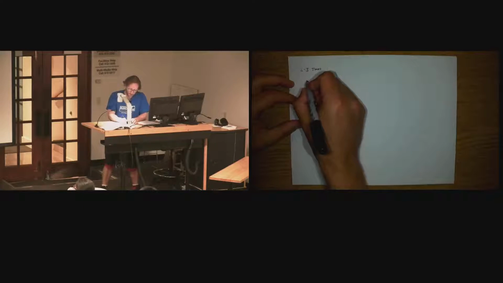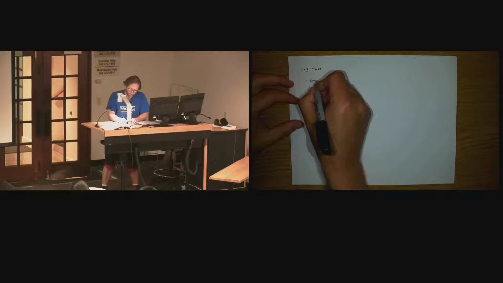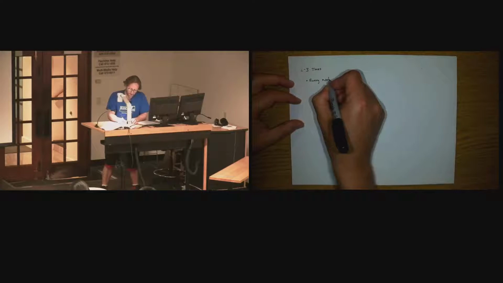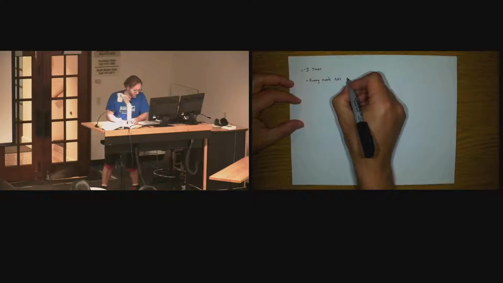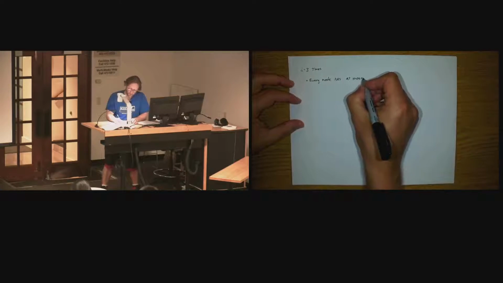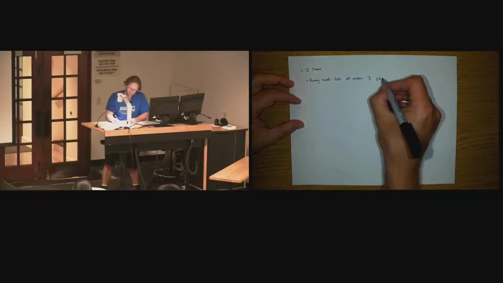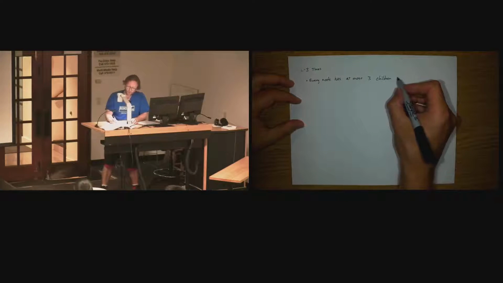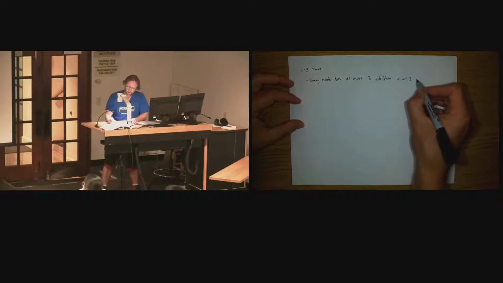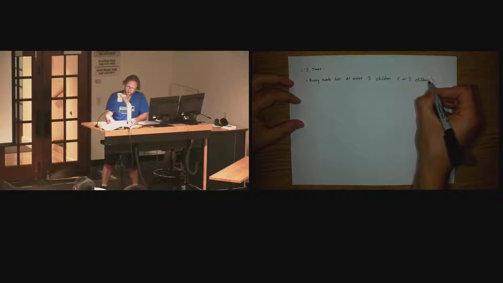Every node in a 2-3 tree now has at most 3 children. Right? It could have 2 or 3 children, except for, of course, leaves.